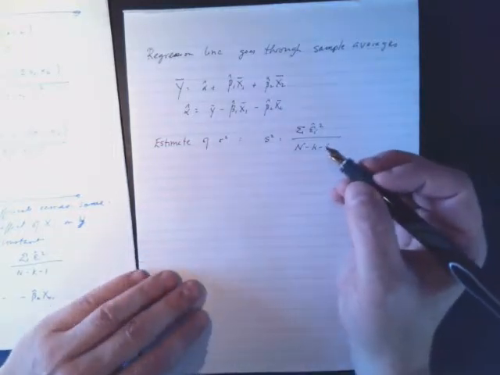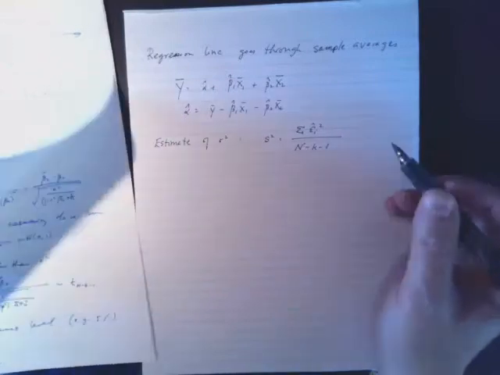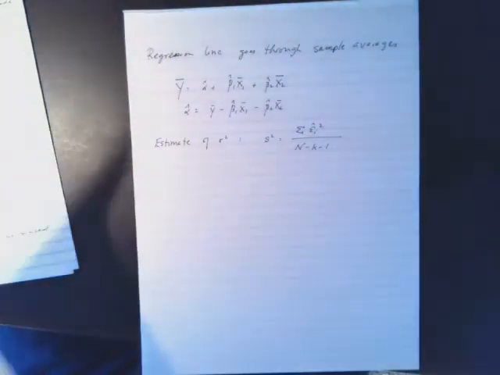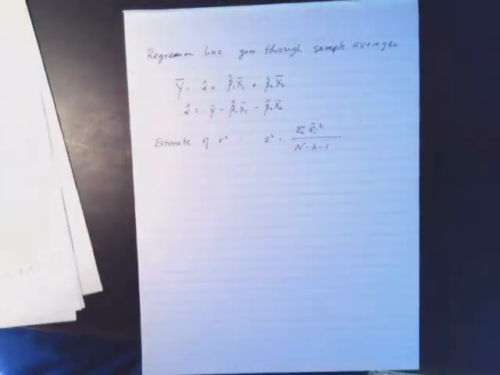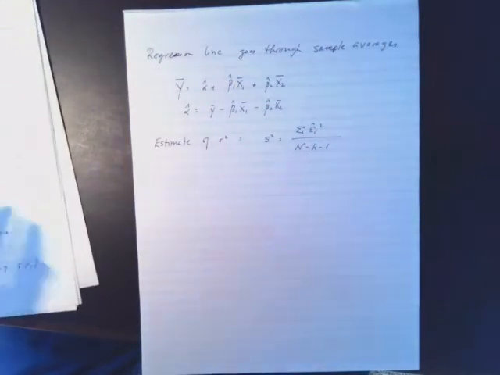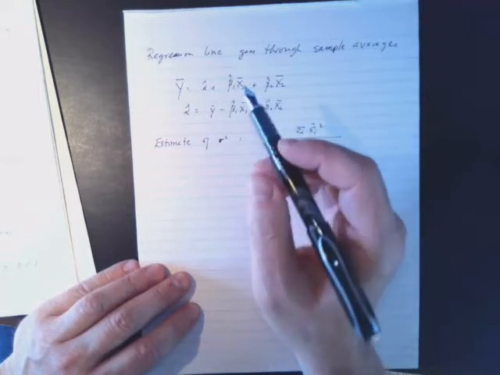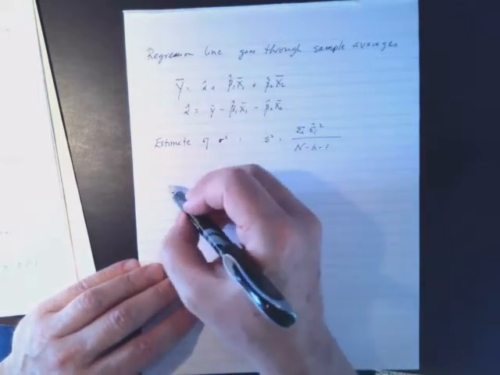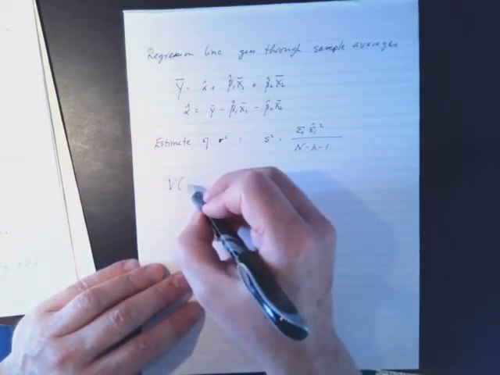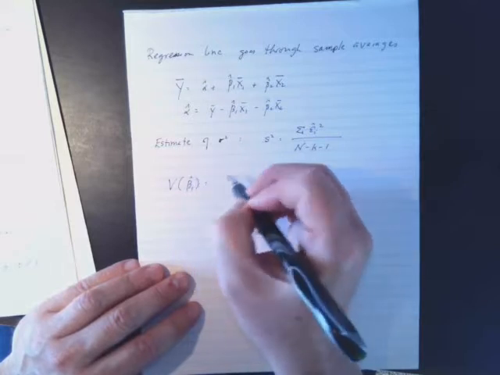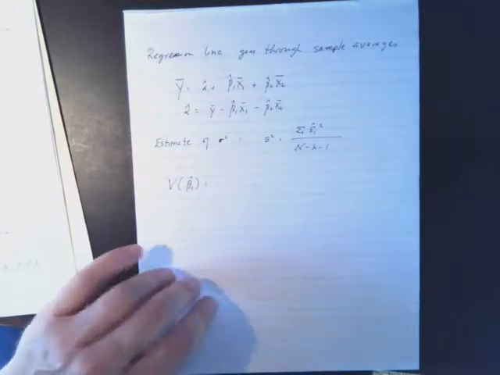And then once we have the estimate of sigma squared, then the variance of beta 1 hat will be, now here, let me just flip open the textbook.